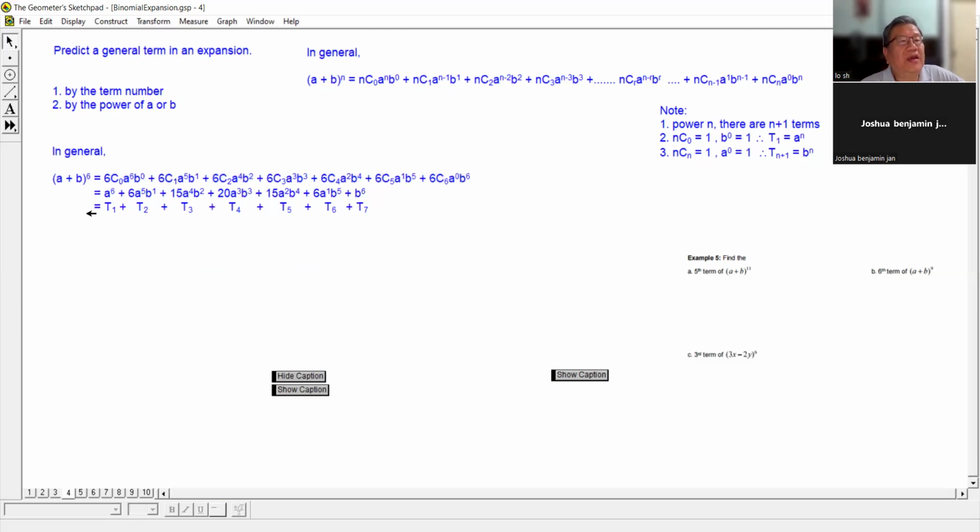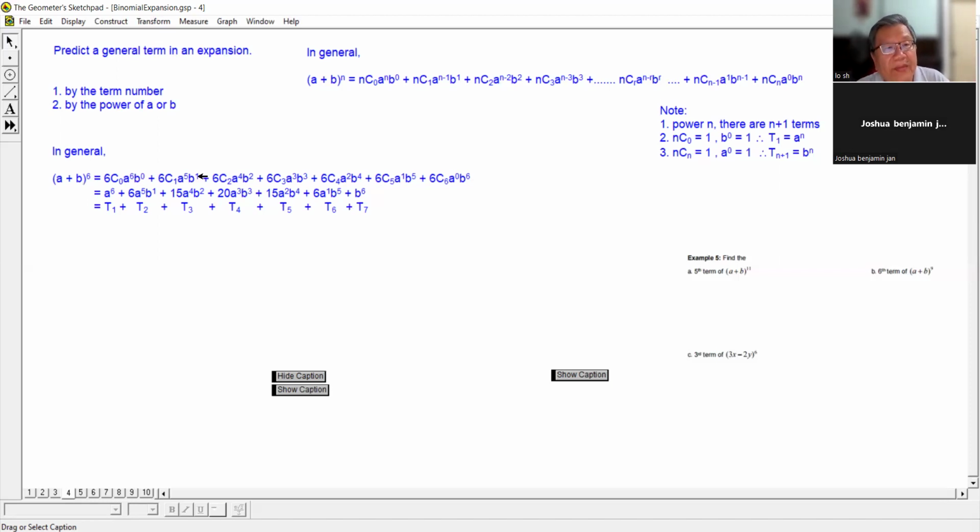Okay. Let's say we come back to a plus b to the power 6. So the first term will be 6C0. This one will be 6 minus 0. 6 minus 6, then you will get 0, right? This is 5. 5 plus 1 will be 6. Let's say if I give you 5, you use 6 minus 5, then you will get 1.